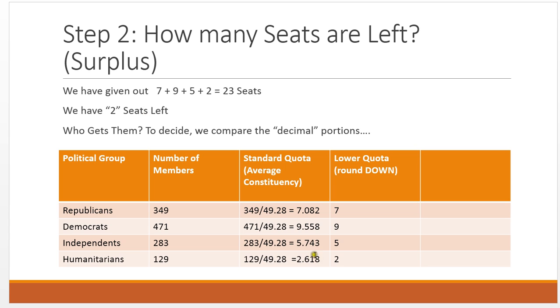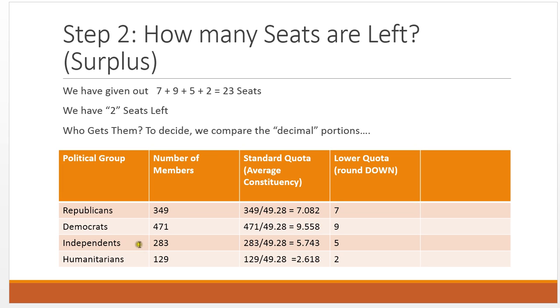So looking here, we can see that the 0.743 is the largest decimal portion. Don't worry about the 5 or the 9 or the 7. We're only looking at the decimal portions. This is the biggest one. The second biggest one is below it, the 0.618. These 2 decimal portions are smaller.